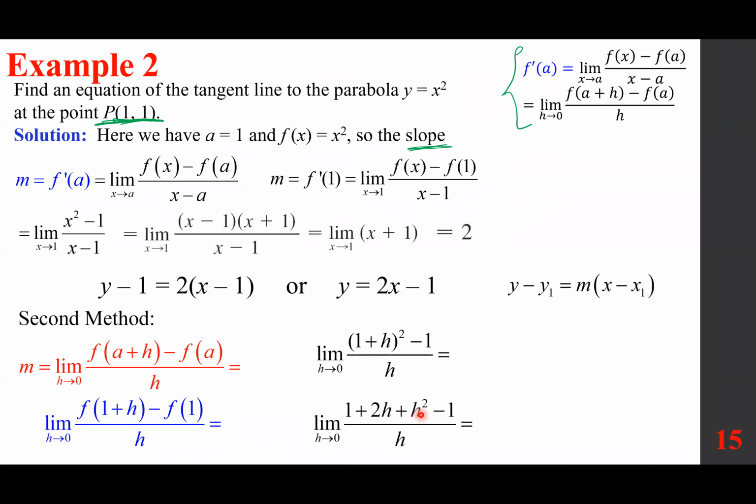One plus 2h plus h squared, and 1 and negative 1 cancel out. The top, we can factor out the h. The h cancels out. And if you plug in, you get 2.